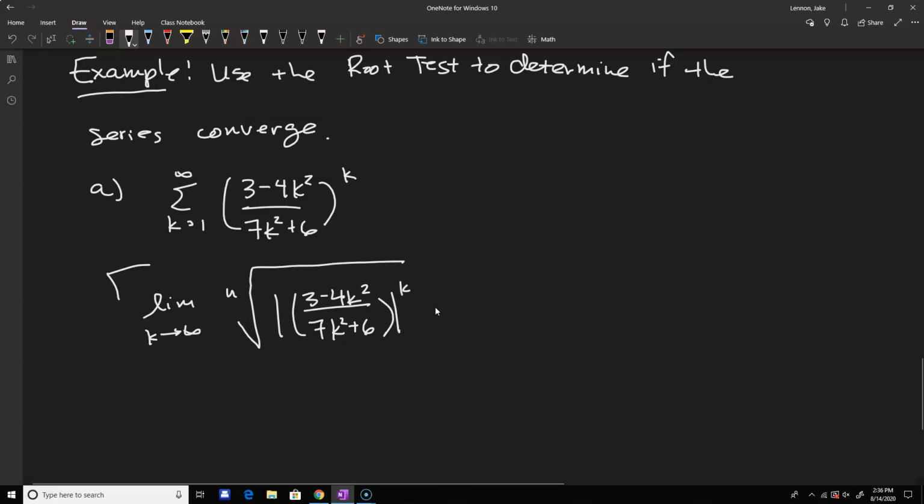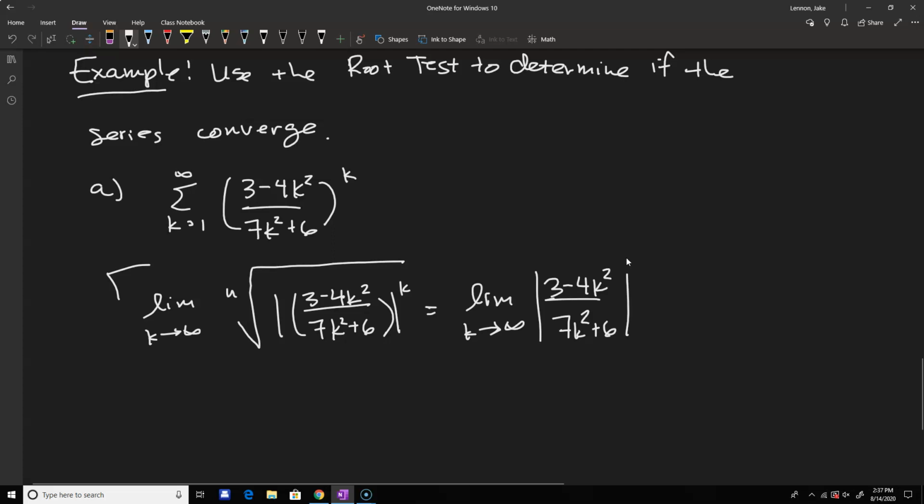So the limit just simplifies to the limit as k goes to infinity of, let's write it like this, the absolute value of 3 minus 4k squared over 7k squared plus 6. We know the bottom is always going to be positive, but as k gets large, the top is going to be negative.